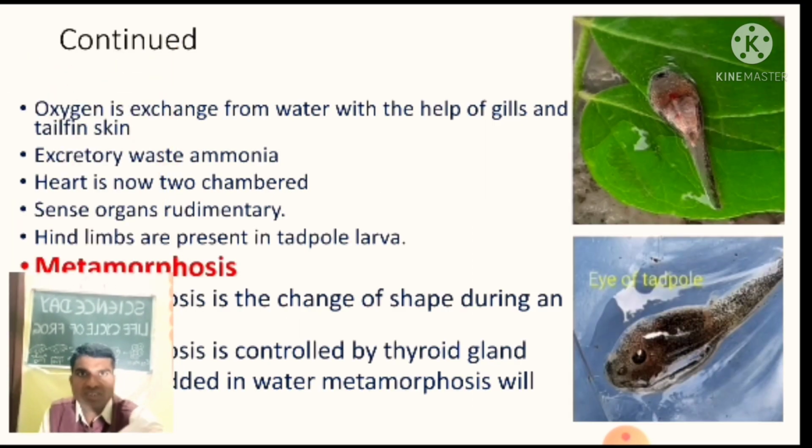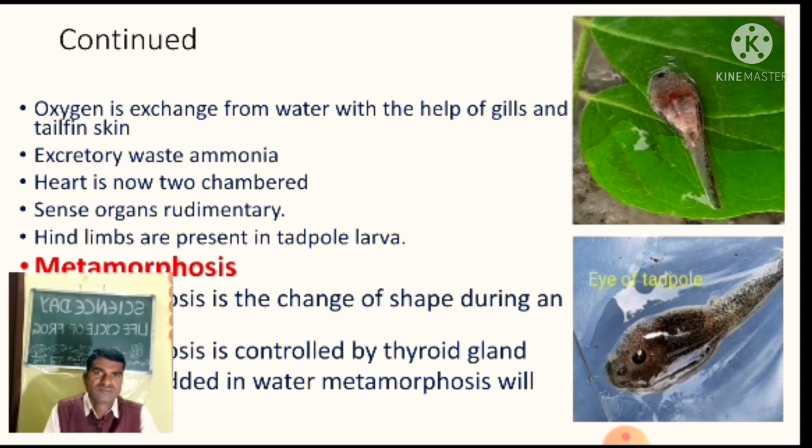See the continuation part. Oxygen is exchanged from water with the help of gills and tail fin skin. So water contains oxygen. In this stage, dissolved oxygen is present. Excretory waste is mainly ammonia.